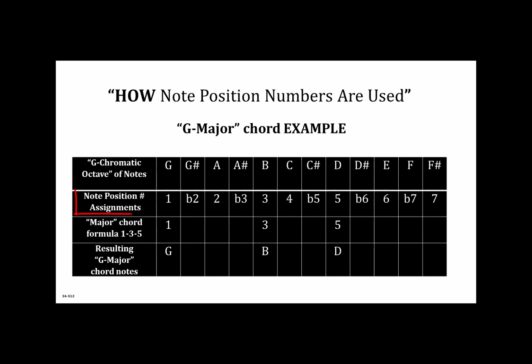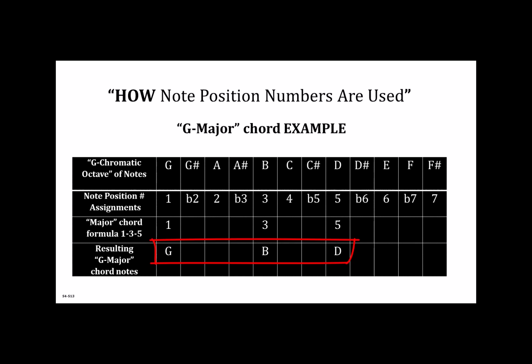Then the note position numbers stay the same. And we're back on a major chord type because this was a G major chord. So now we plugged in 1, 3, and 5 in the third row. That's the formula for a major chord. And thus the resulting G major chord notes are G, B, and D.